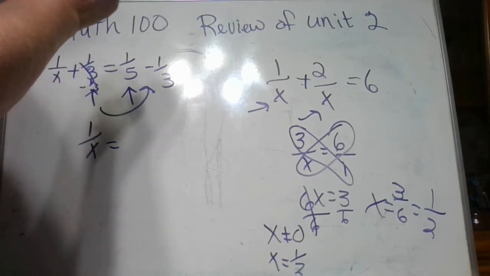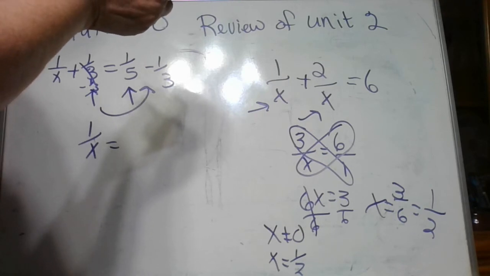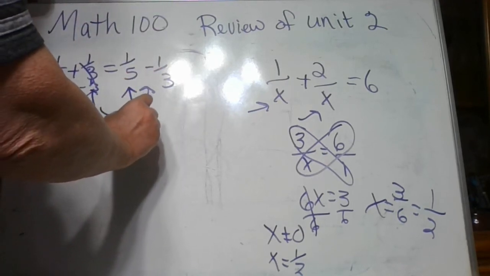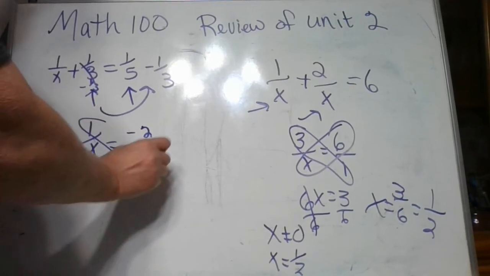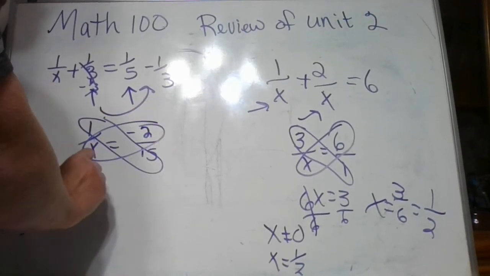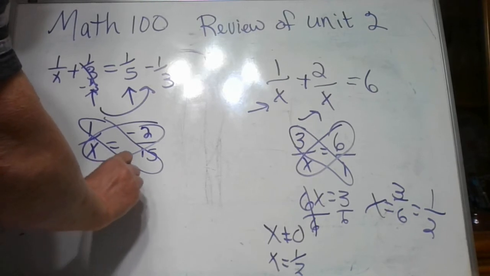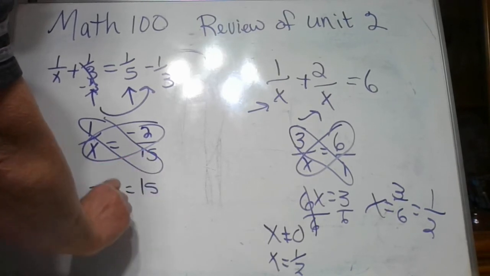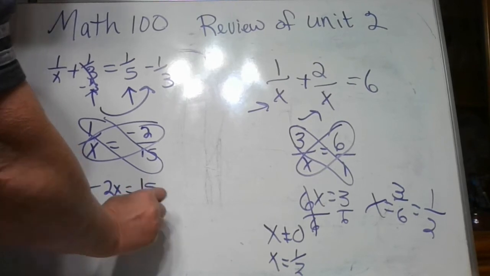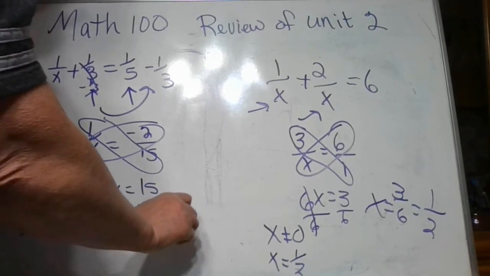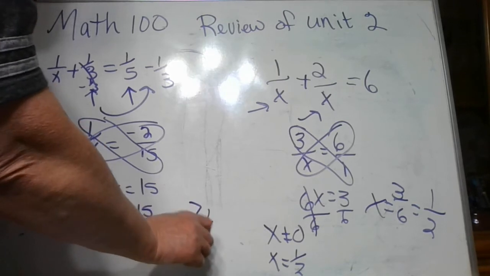And you can use your calculator to do that. You end up with negative 2 over 15. And then again, you can cross multiply and you'll have negative 2x is equal to 15. x is equal to 15 over negative 2. If you want to change that to negative 7.5, feel free.